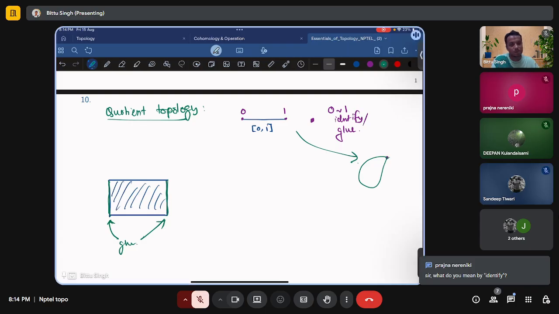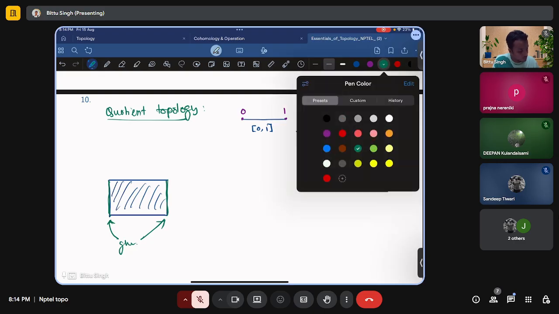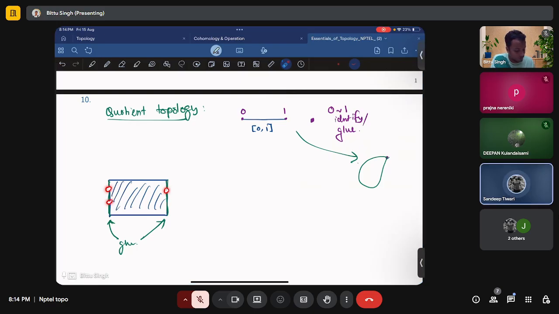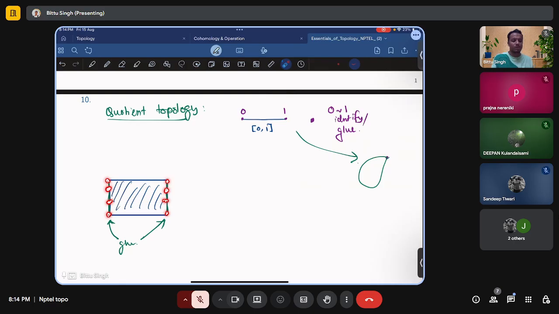Identify means just glue; think of those two points as the same point, like a cylindrical shape. For example, this and this are the same. This and this are the same, point by point. I am identifying those two points as the same point. Is it understood?